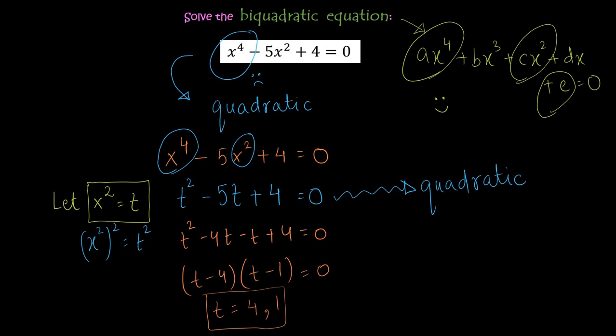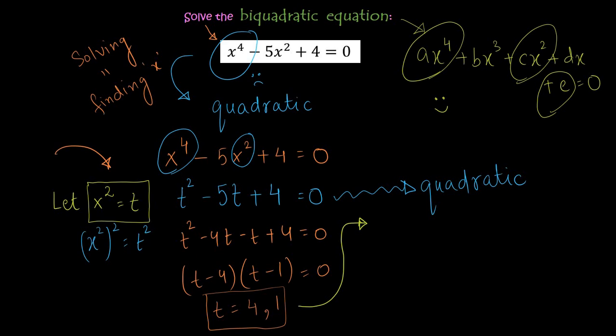This is not it. We were supposed to solve this equation. Solving this equation means finding x, the initial variable. Very important thing: finding x. So if my t is 4 and 1, what was my t? My t was x square, right?